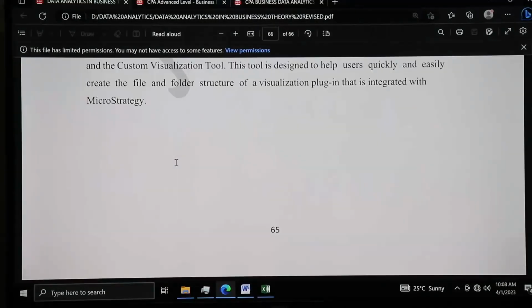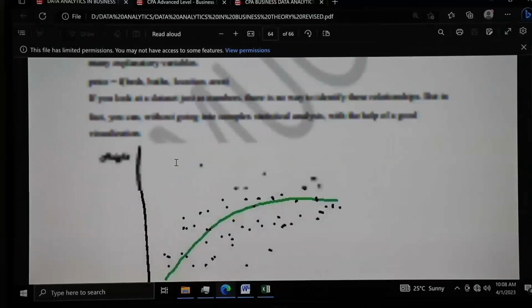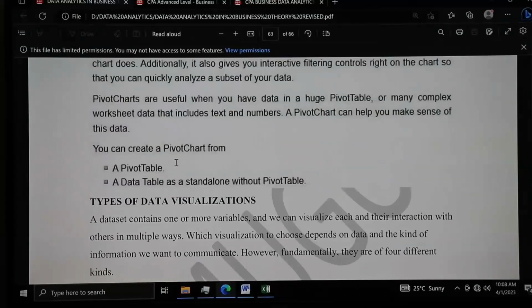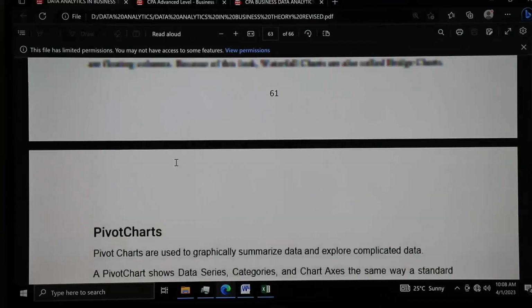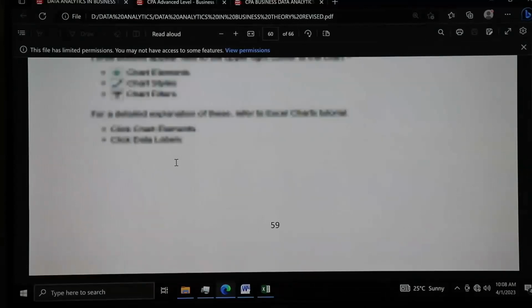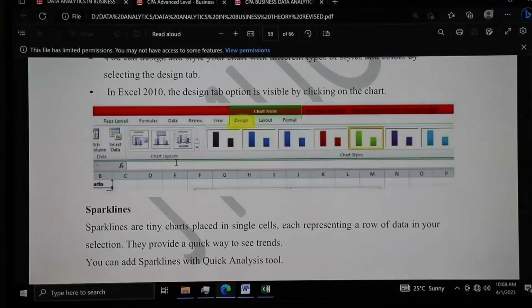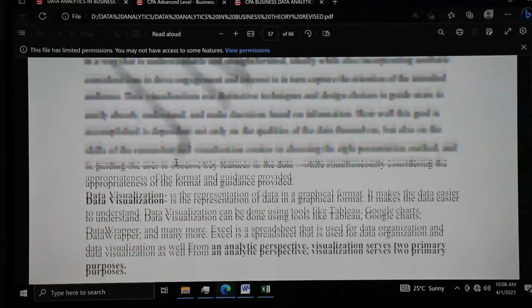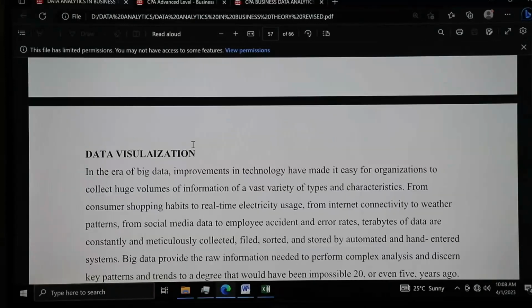And we said the visualization will involve graphing our work, and you can use several visual editions there to do the same. So meaning visualization is actually improving your data to make it easily understood by different categories of people.